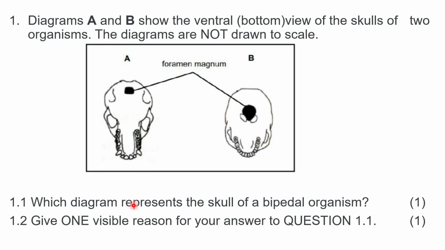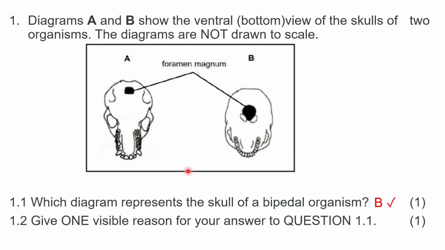So, which diagram represents the skull of a bipedal organism, an organism that walks on 2 legs? Then we have to look at the position of the foramen. We say that it's more to the front, so it must be organism B that is bipedal. Now they ask, give one visible. Grade 10s, remember, if they say visible, you have to see it on the diagram.